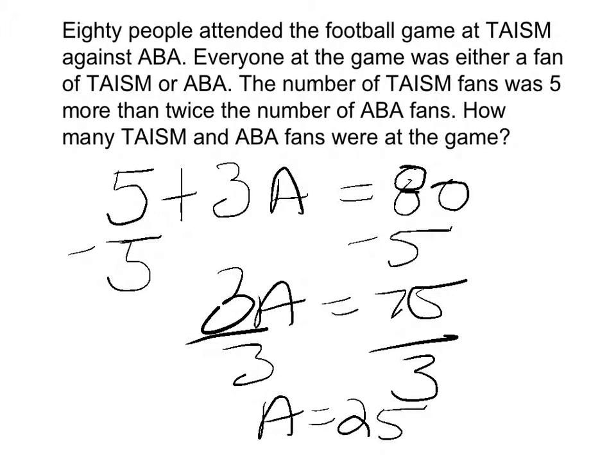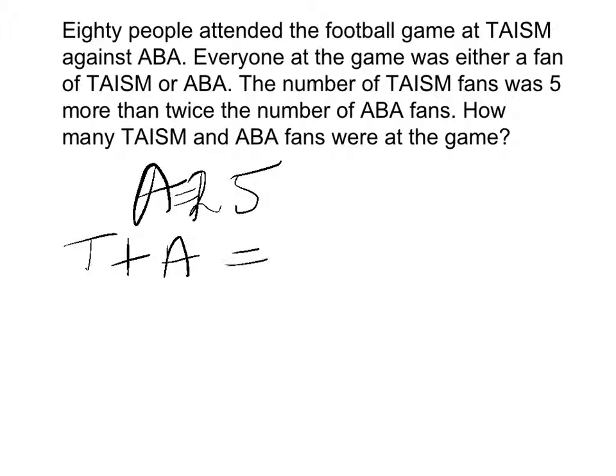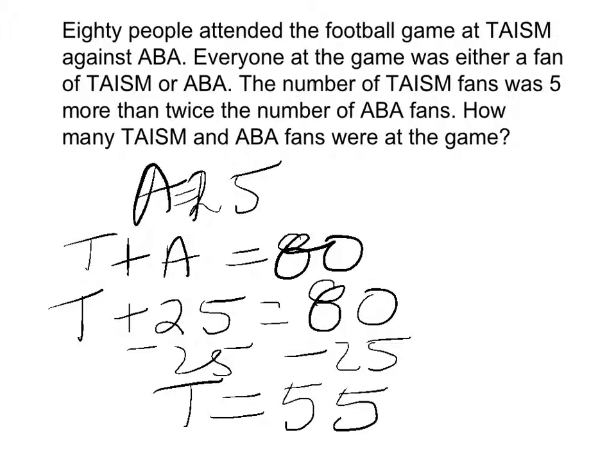Now we're not quite done yet, because once we have that a equals 25, remember that we have t plus a is equal to 80. So we're going to have to substitute in 25 for a into the equation and then solve for t. So t is now going to be 55.